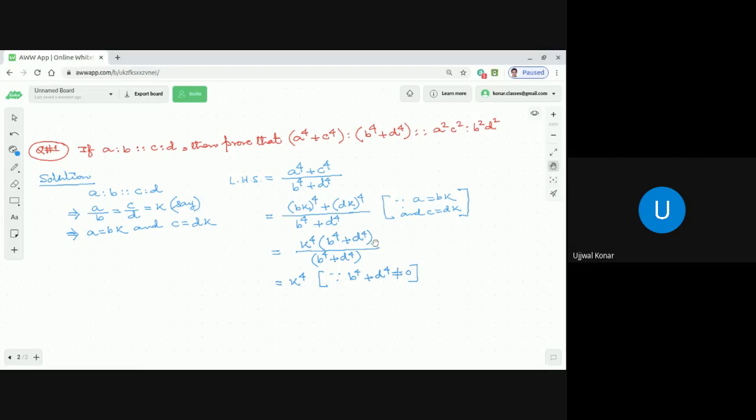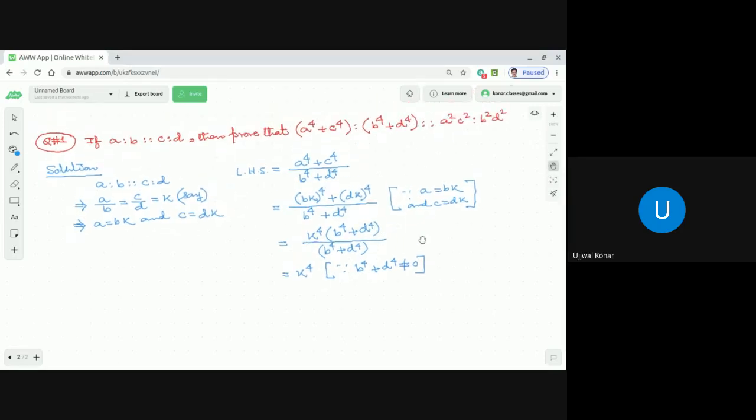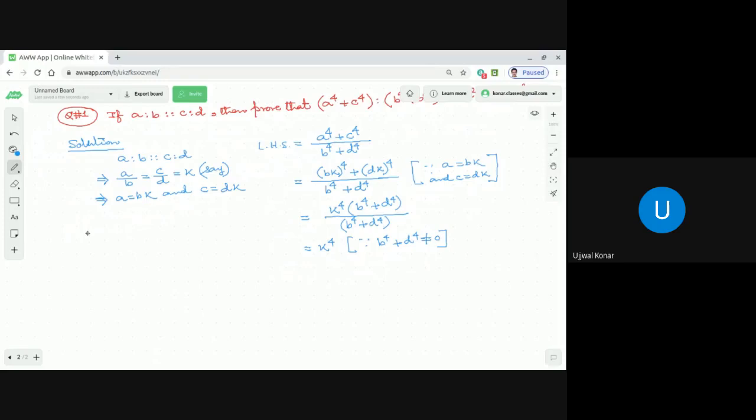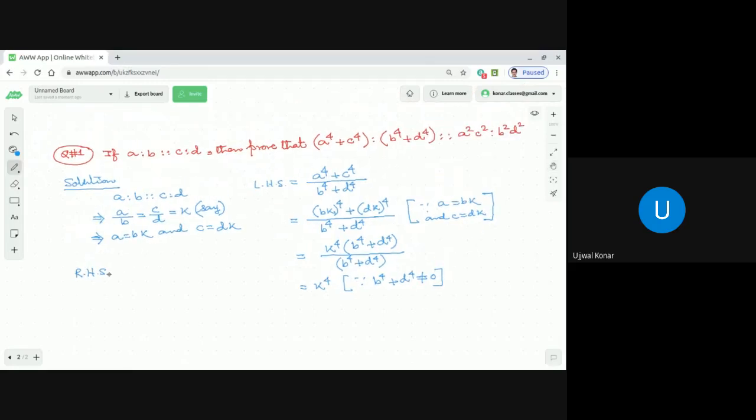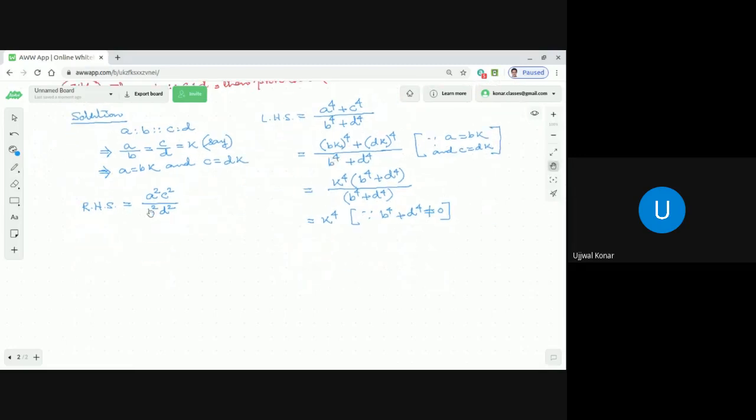Now this is the left hand side. Now let's find the right hand side. Right hand side says A square C square by B square D square. So the right hand side is equal to A square into C square divided by B square into D square. What is the value of A and C we got?